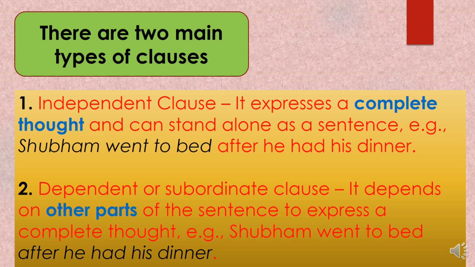Shubham went to bed can alone be taken as a sentence because it is expressing a complete thought. Then, after he had his dinner: if you write Shubham went to bed, it is completing a thought, but after he had his dinner, you can ask what after he had his dinner?